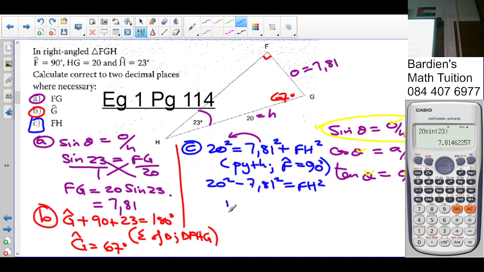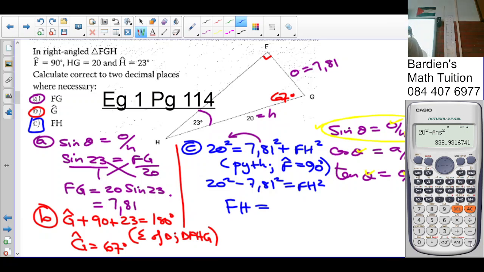So punch that in the calculator. 7,81 is the last answer calculated, so it's 20 squared minus answer squared, which equals 338,91.